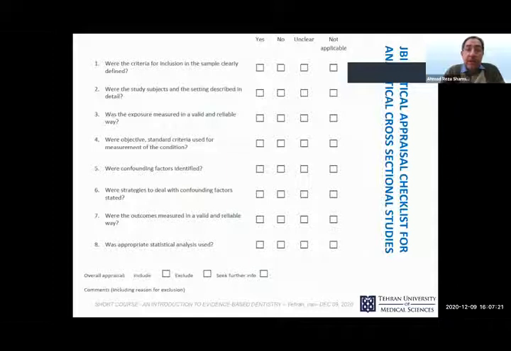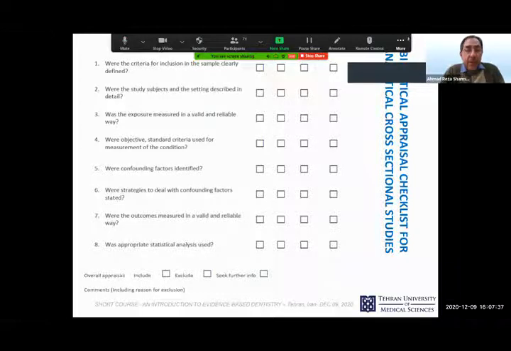The next one: were objective, standard criteria used for measurement of the condition? Is it objective or subjective? Is it acceptable to scientists or not? It should be investigated thoroughly in the paper.